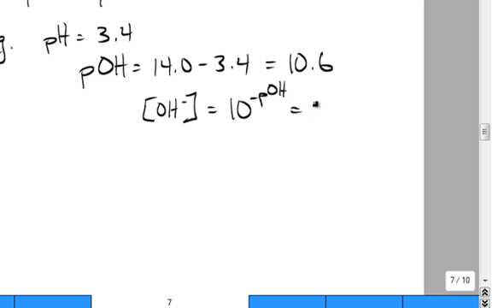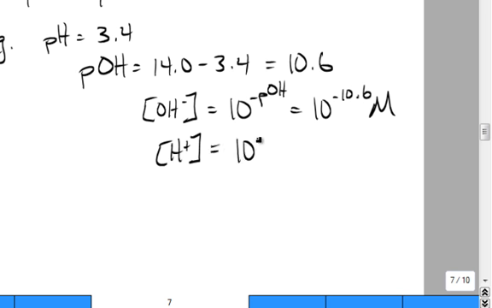So that's 10 to the negative 10.6 power molar, which is a number. You don't have to do anything else to that number. You could put it in your calculator and express it in more standard scientific notation, but you don't have to unless you're explicitly asked to do so. Similarly, the hydronium or H+ concentration at a pH of 3.4 is 10 to the negative 3.4 molar.